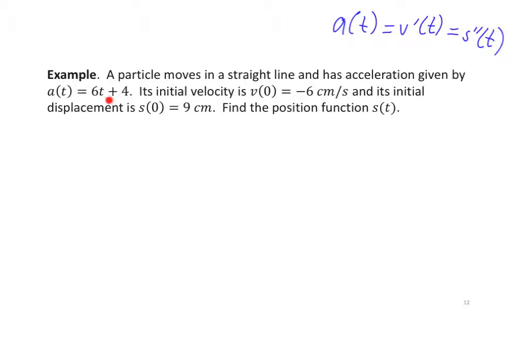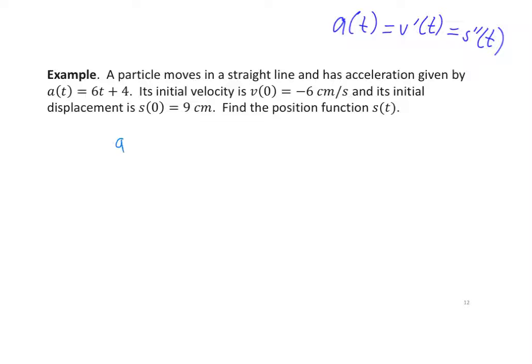We're given s double prime of t, which is a of t, and we're given some information about the initial velocity and the initial displacement. Initial just means when the time t is equal to 0. You're going to see that a lot in problems. Let's now go through the calculations to answer this problem.